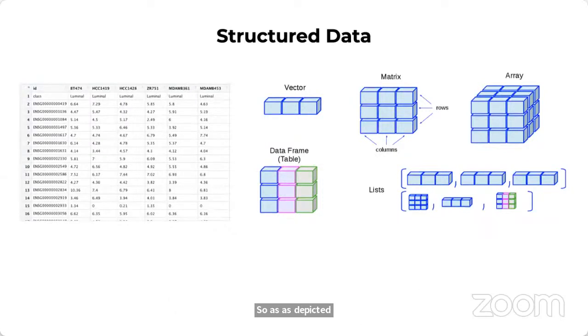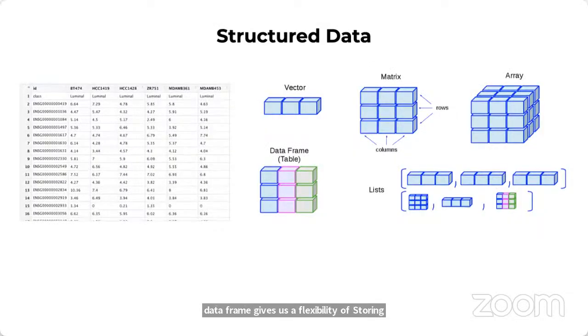So as depicted in this picture, a data frame is an object which can be used to store the tabular information or table of data, like we have generated by structuring different omics data. But a data frame gives us the flexibility of storing not only numeric data, but also categorical data, logical data, character data, and so on.